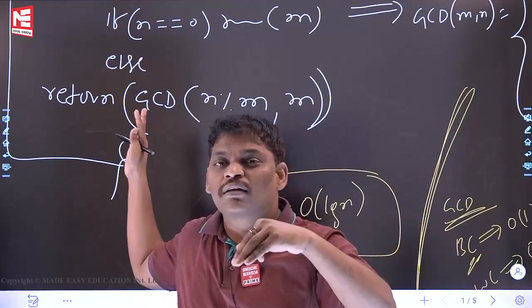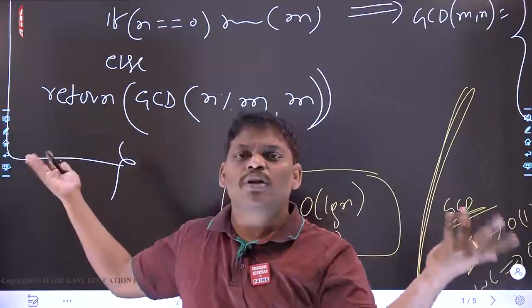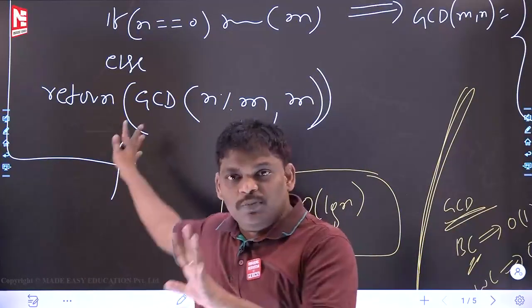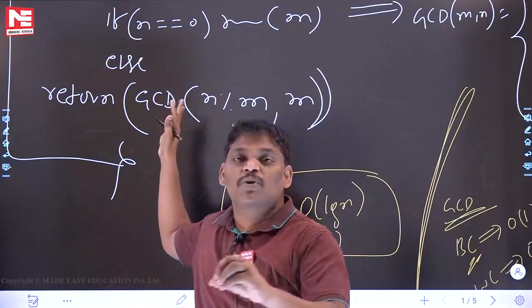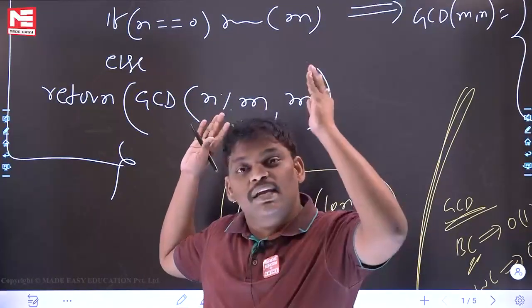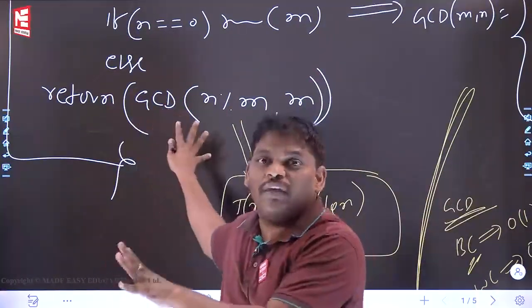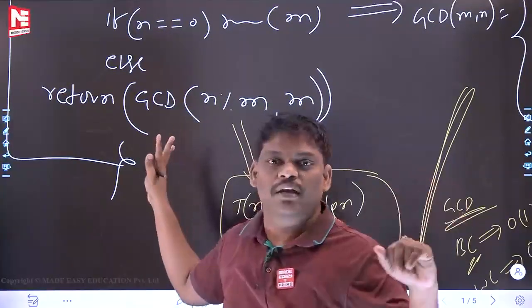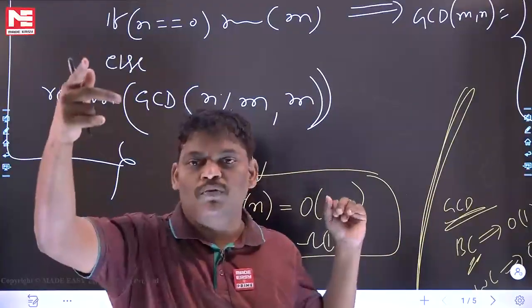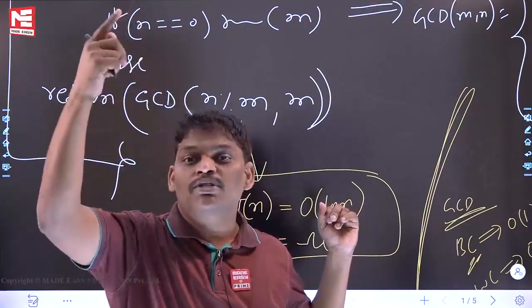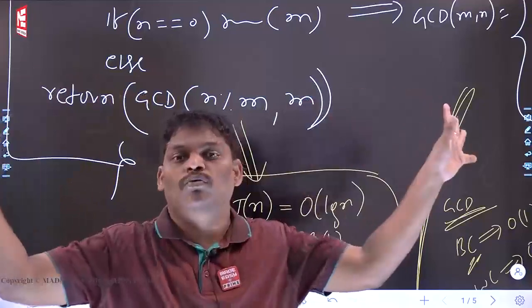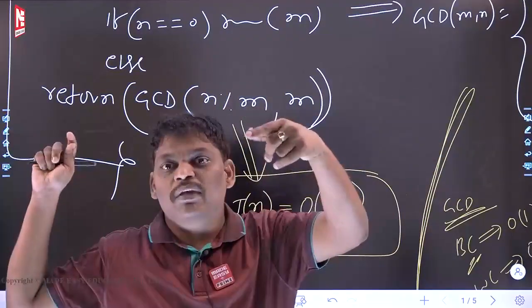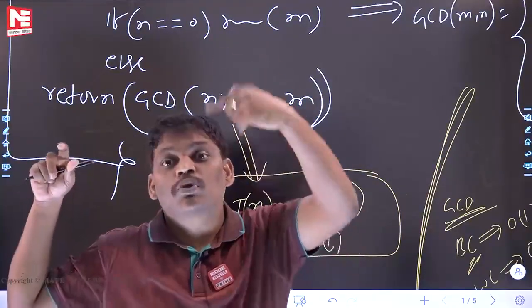What is the reason? T(n) is either log n or 1. In this problem, the time complexity T(n) is either log n or 1. I know very well there are only two possibilities. But in the previous problem, the actual time complexity T(n) we don't know.